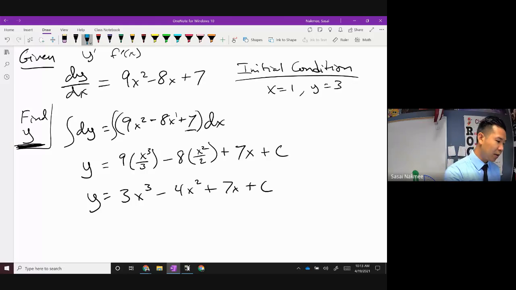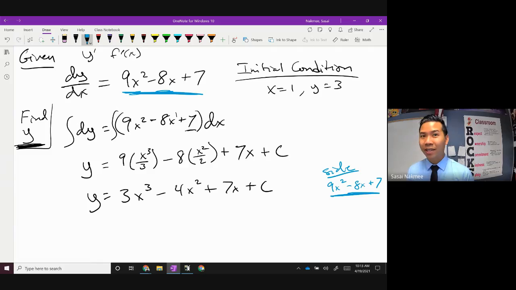Take the derivative of 3x cubed, which is 9x squared. Minus the derivative of 4x squared, which is 8x. Plus the derivative of 7x, which is 7. So that right there matches my original problem. So I've done the integral correctly.